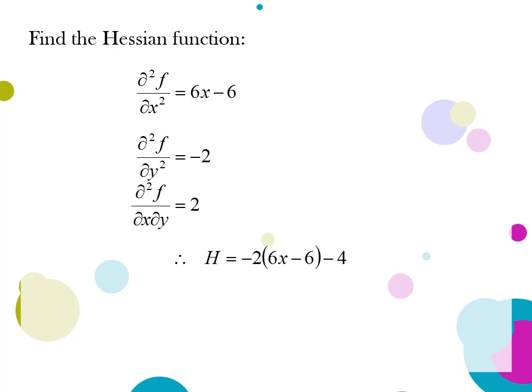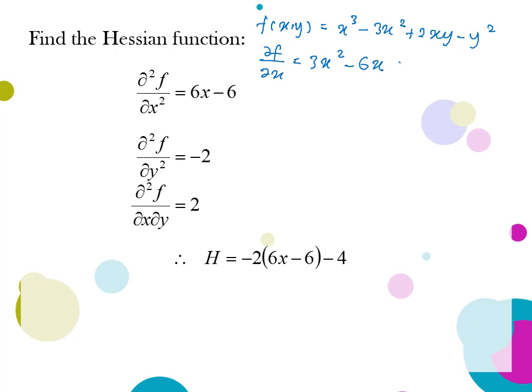Alright, so just now we have a function which is equal to x cubed minus 3x squared plus 2xy minus y squared. Okay, and we have found that del f del x is equal to 3x squared minus 6x plus 2y, and del f del y is equal to 2x minus 2y, right?